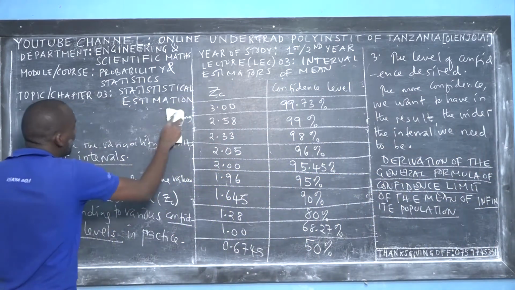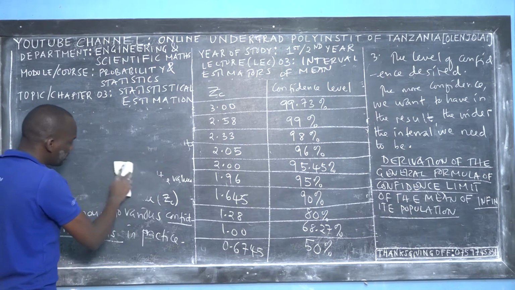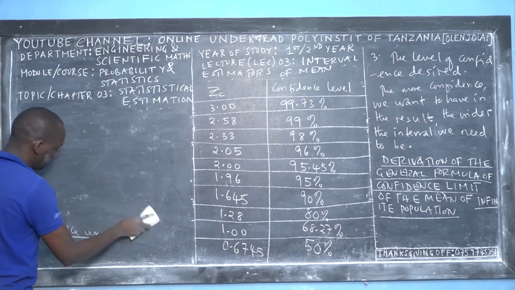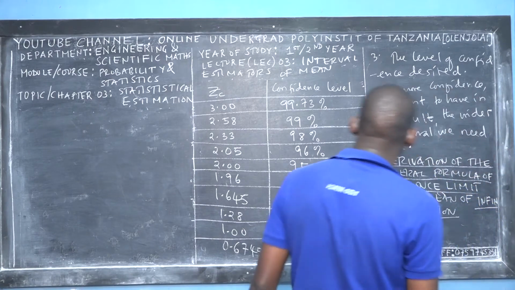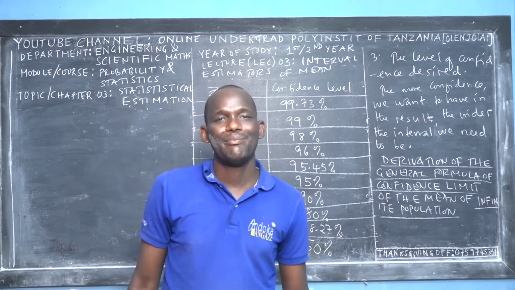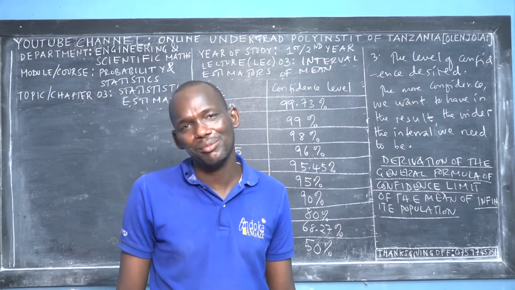We are now dealing with factors that affect the rates of confidence level or confidence interval. Let me teach you how the formula is formed. In most classes, many teachers just give you the formula for finding the confidence limit.